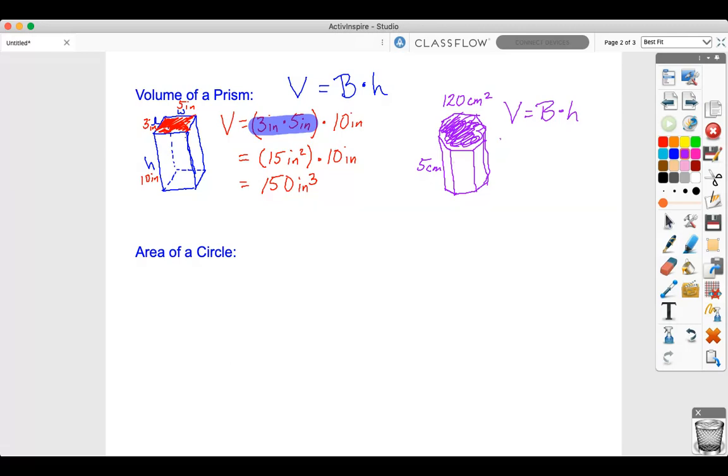Okay? So in order to get the volume, it's the area of the base, which is 120 centimeters squared, times 5 centimeters.